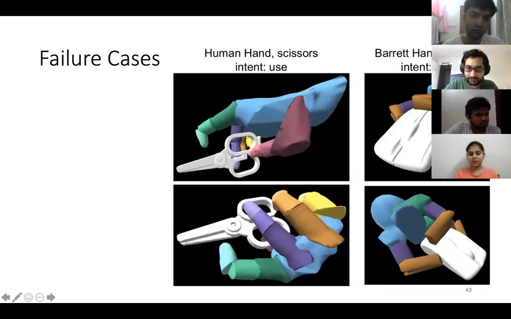So for example, if the human demonstration is that my finger should go through these holes in the scissors, and the sampling is not exhaustive enough, then it's not able to converge to that particular complex grasp. Or also, if the hand is just too simple to grasp the object in a complex manner, then it can't do that. For example, for the mouse, we would like to place a finger on the button, but with this kind of very simple robotic hand, it's not very possible to do that.